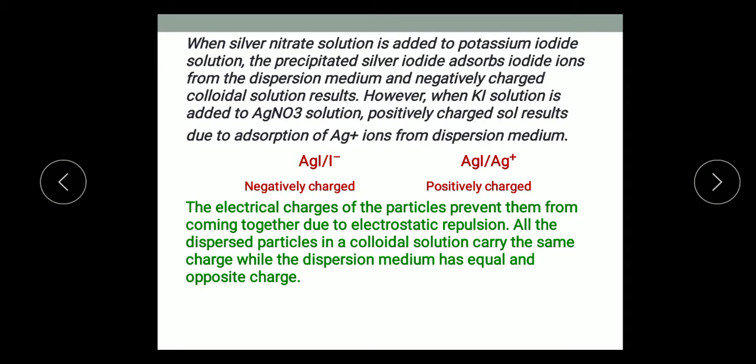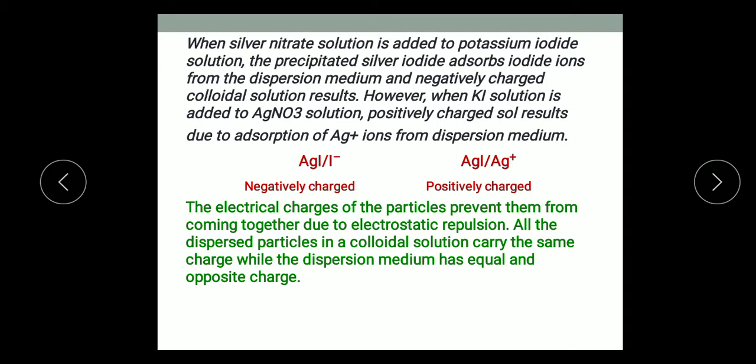So it gets positively charged, and the dispersion medium becomes negatively charged. So the development of charge occurs due to adsorption of that ion in preference which is common to the sol particle.